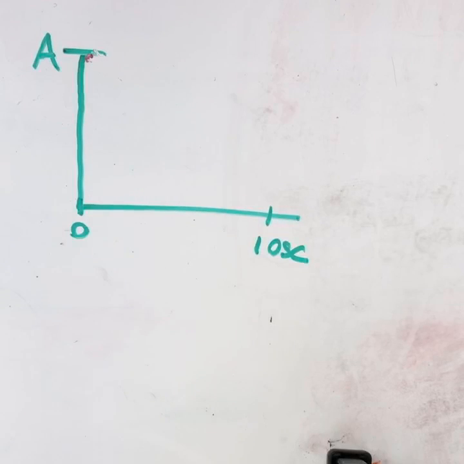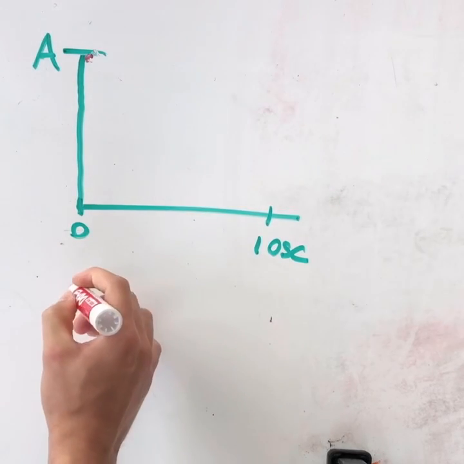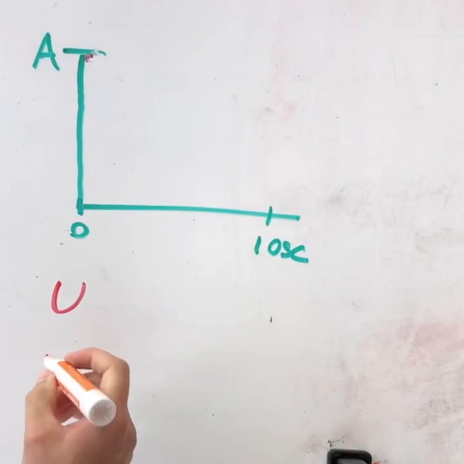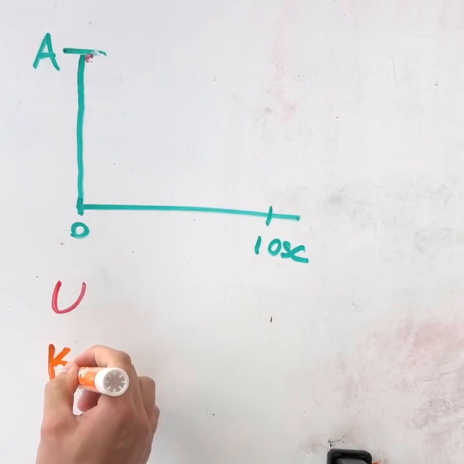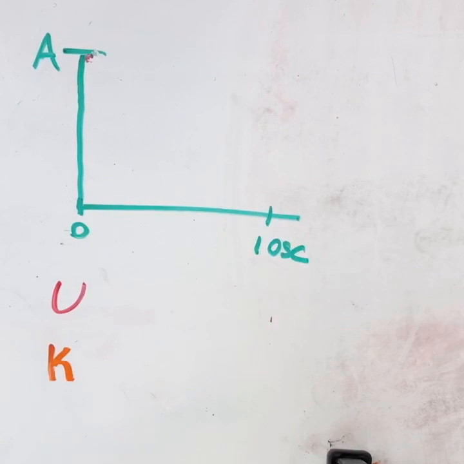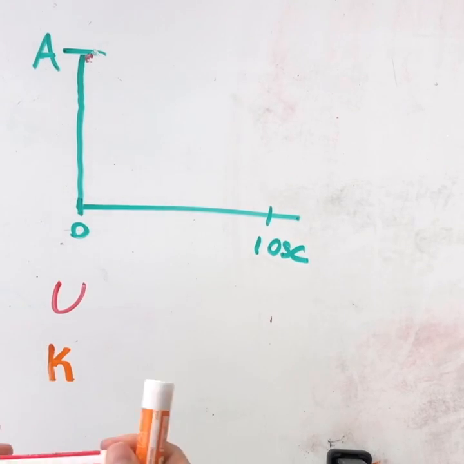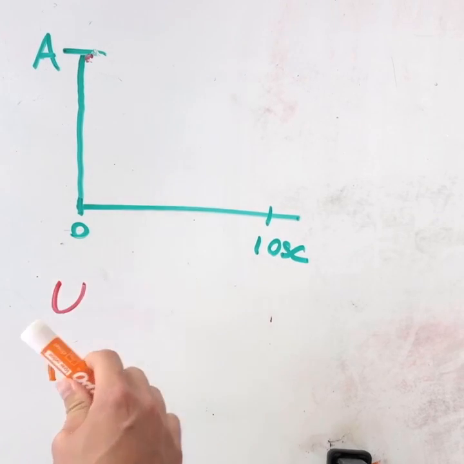So, first thing we need to talk about is the concept of potential and kinetic energy. All right, so potential energy we're going to abbreviate as U, and kinetic energy we're going to abbreviate as K. Now, thinking back to any sort of pendulum or any sort of spring apparatus and simple harmonic motion, when is the potential energy at its highest?